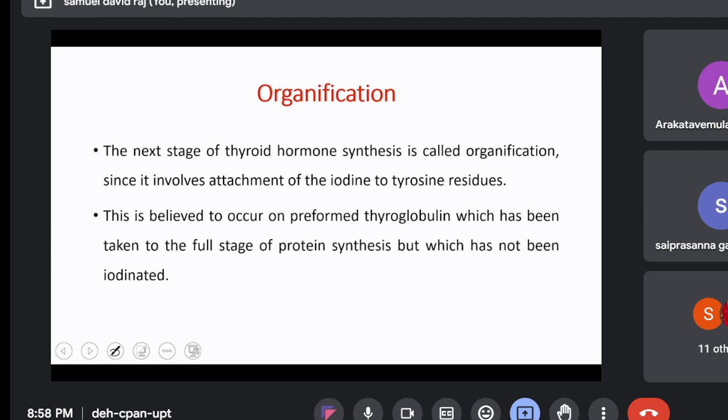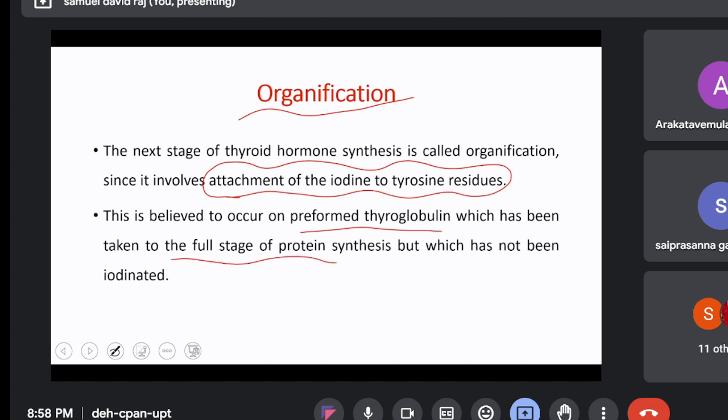And the final stage is called organification. Here, it involves the attachment of iodine to the tyrosine residues. This is believed to occur on preformed thyroglobulin, which has been taken to the full stage of protein synthesis but has not been iodinated.